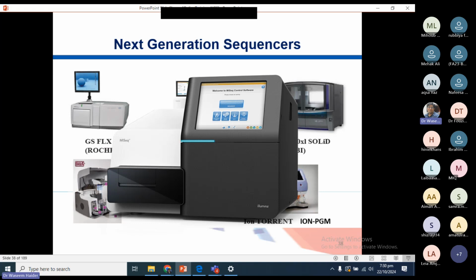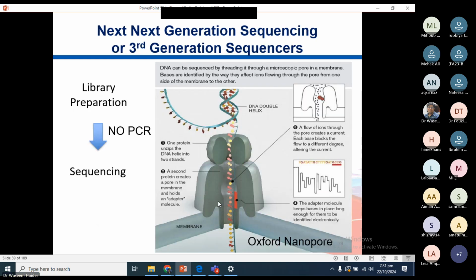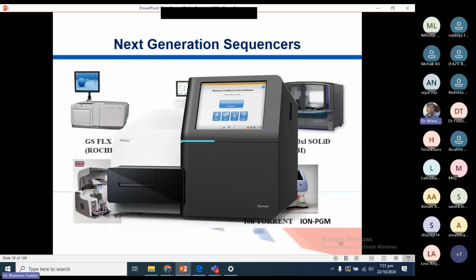For smaller genomes, bacteria, viruses, and for metagenomic studies, this one is good. We have shared a video on metagenomics also. So that's the MiSeq, but obviously at that time its cost was 150,000 US dollars.